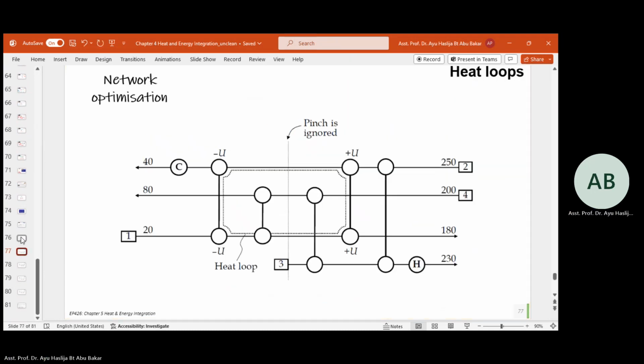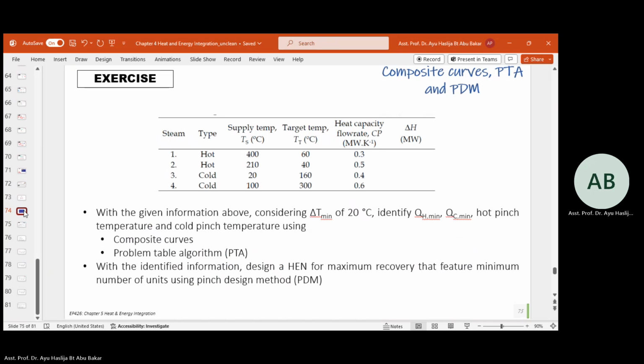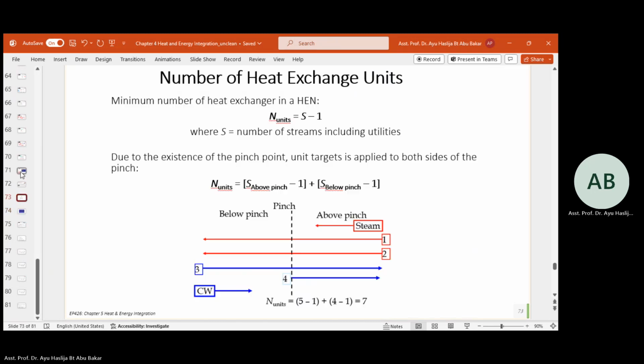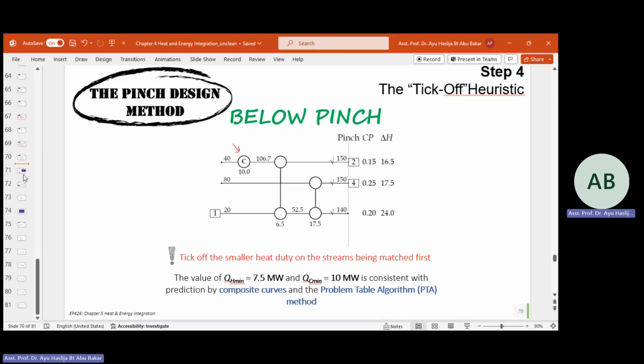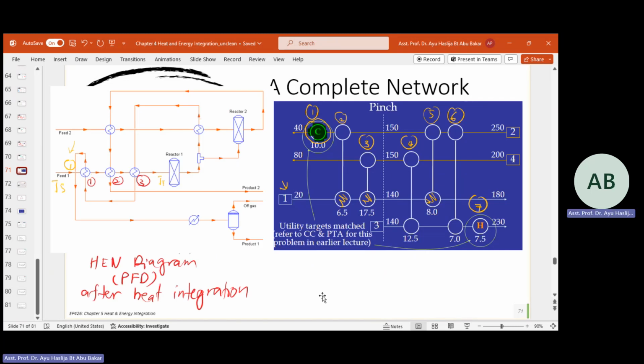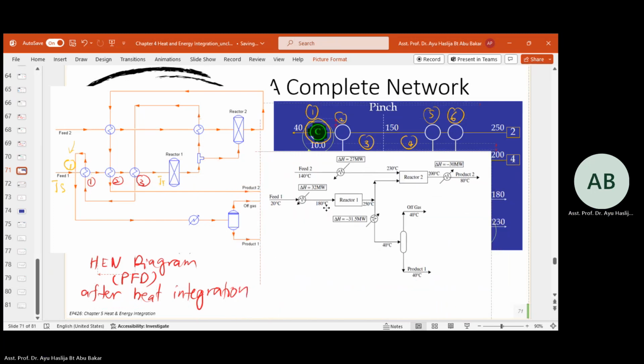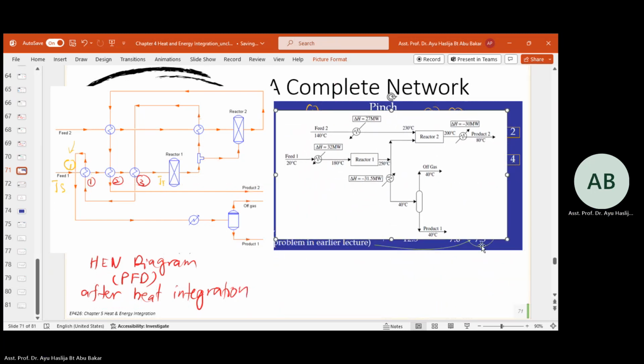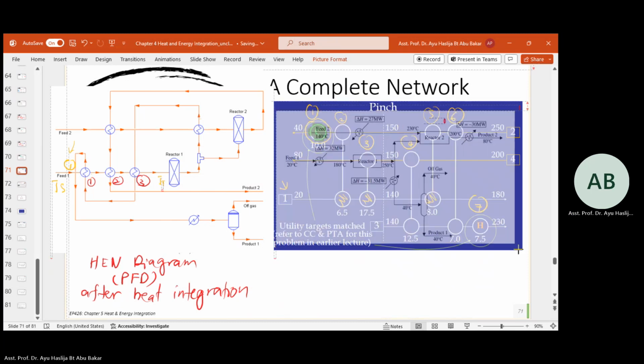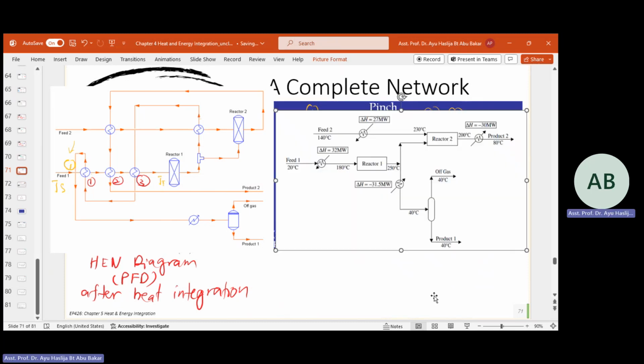Okay. This is the before heat integration. Before heat integration.